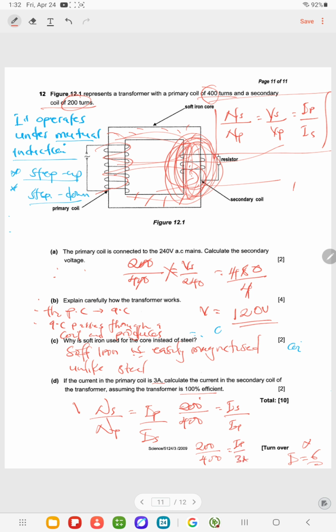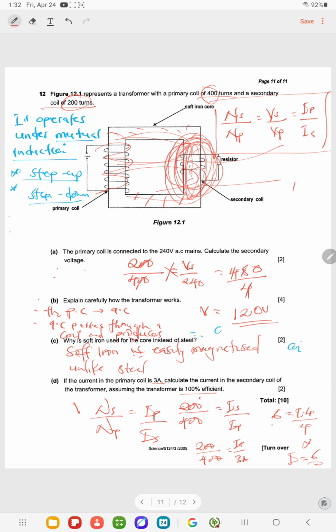Then if you multiply, let's cancel these zeros. So 2 by 3 gives us 6. Then 4 by the secondary current, we are going to get 4 times the current.